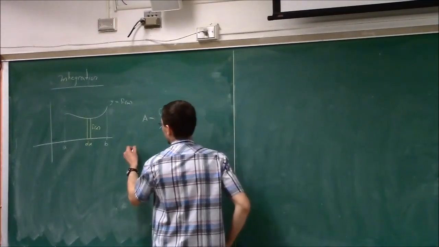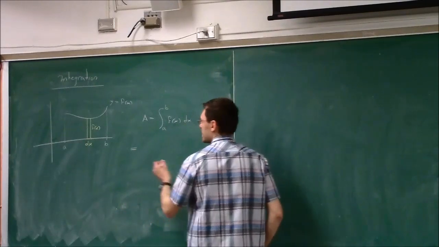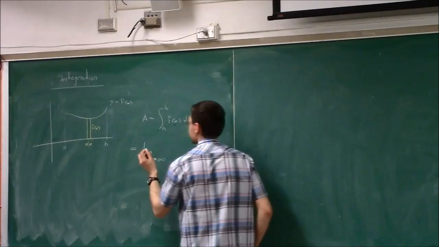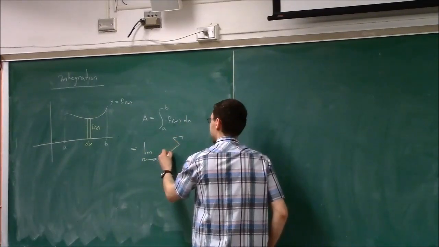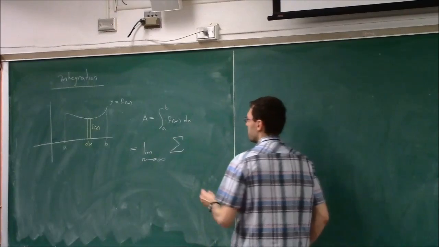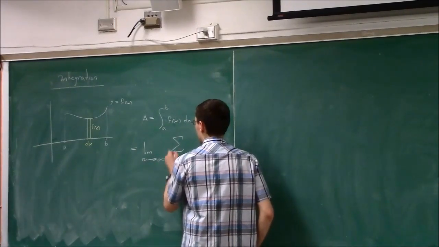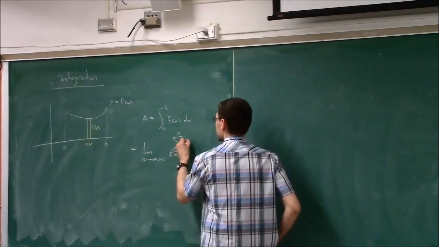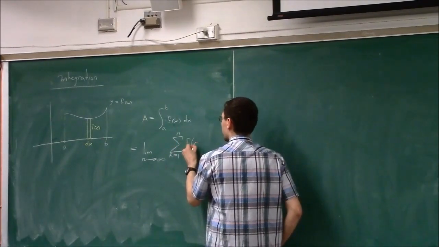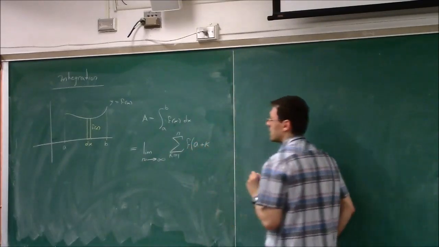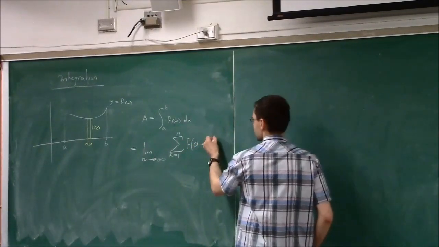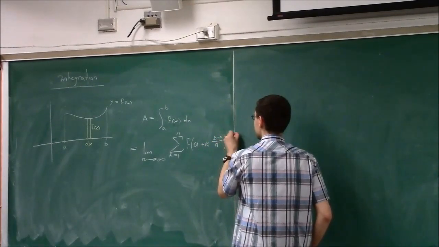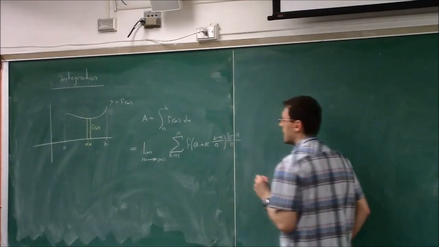And in a Riemann sum, we have seen that what this means is that you take the limit as n goes to infinity of the summation, k from 1 to n, of f of a plus k times (b minus a) divided by n, times (b minus a) over n.